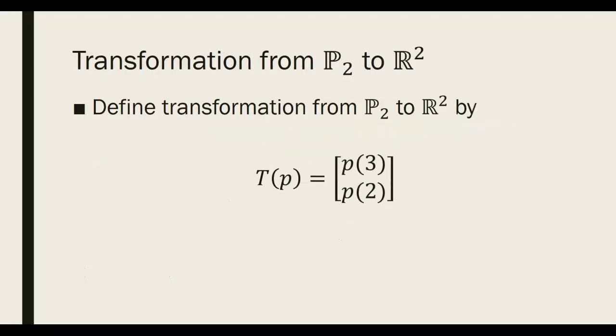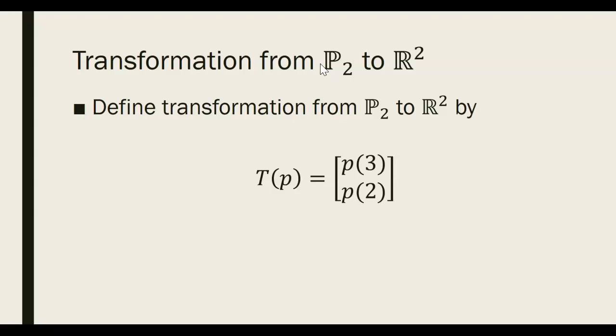Because what this will do is allow us to use Rn, which is really nice because Rn is really easy to calculate with, whereas polynomial vector spaces aren't as easy to calculate with.